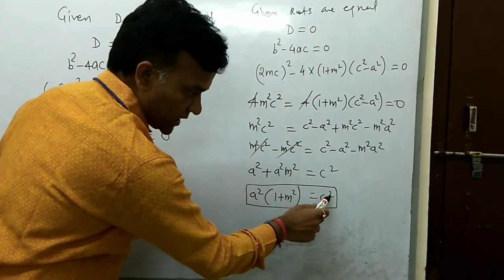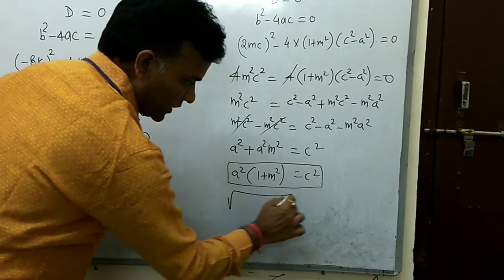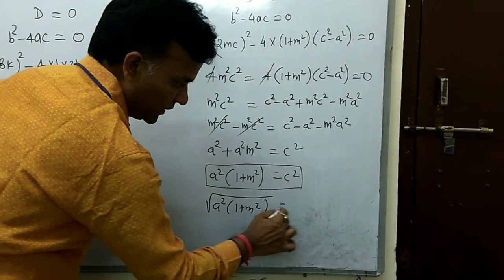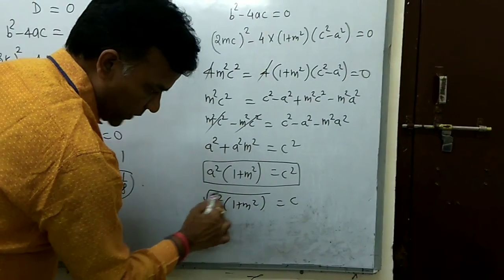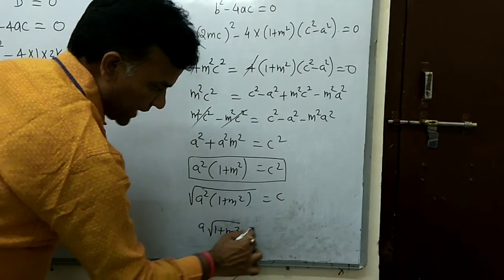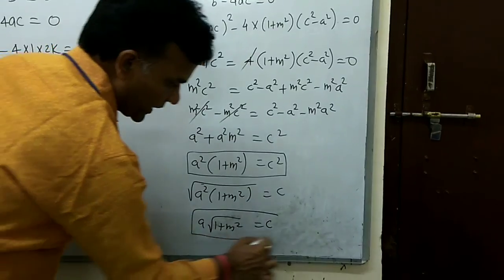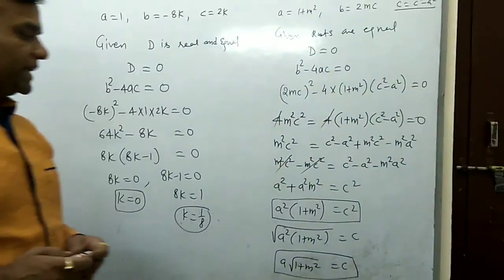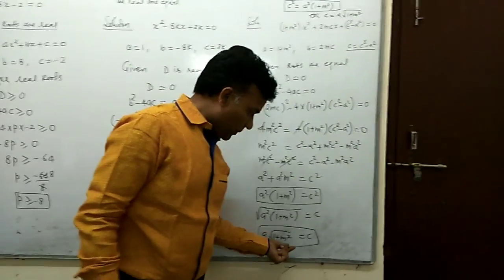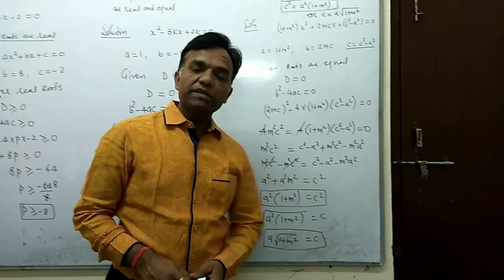Taking the square root, you have the square root of a square (1 plus m square), which is c, and the square root of a square is a, and 1 plus m square stays inside as it is. So there are two options for proving: one is c square equal to a square into (1 plus m square), and the other form may be c equal to a under root 1 plus m square.